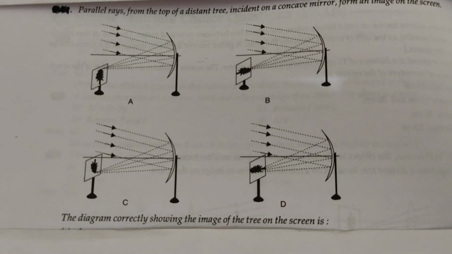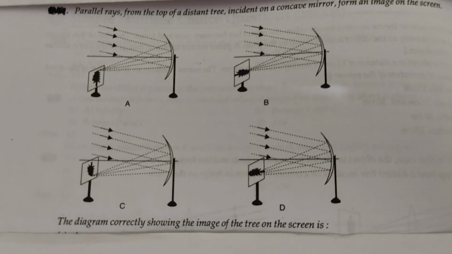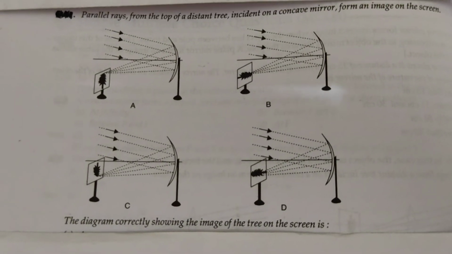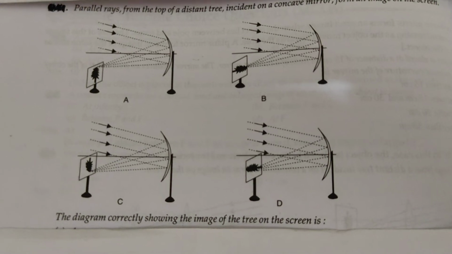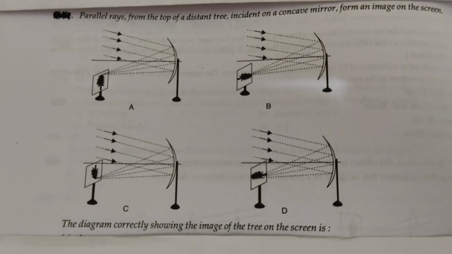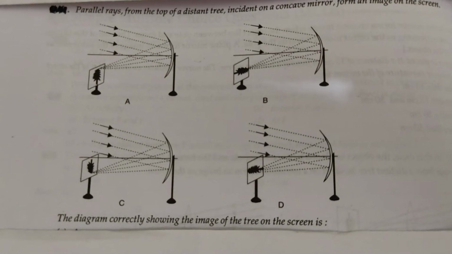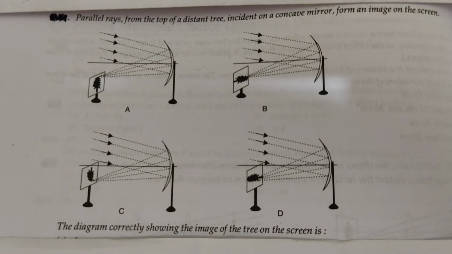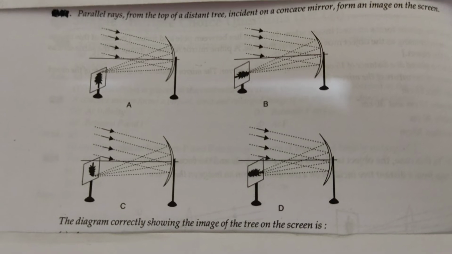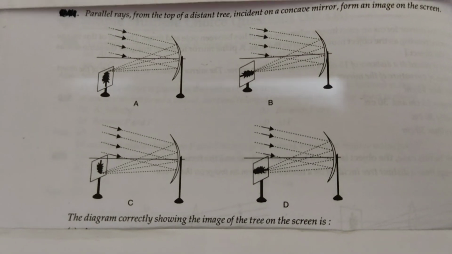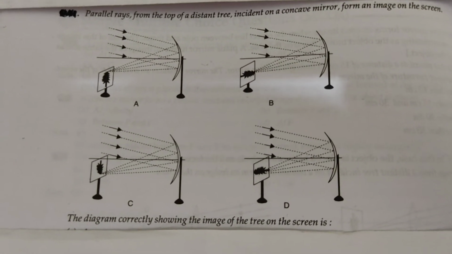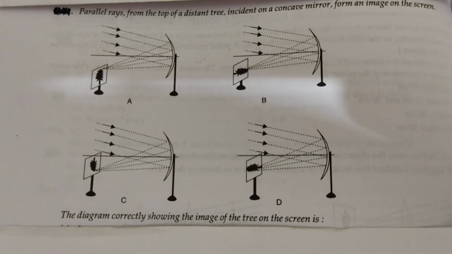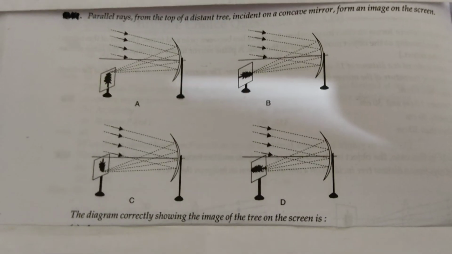It means the image is formed on the focal plane, that is a plane which is perpendicular to the principal axis and passing through focus. So in such case, a real inverted, highly diminished image is formed. And when we look at the options, in B and D, the trees are not upside down, so that is not possible. In A, it is an erect image, that is wrong. C is the correct answer, as we can see, a real inverted image is formed.